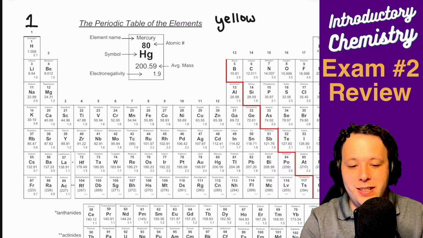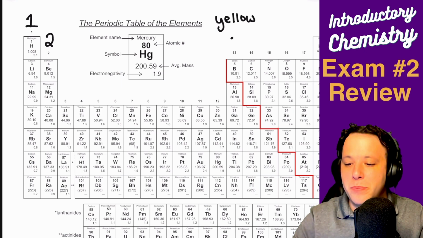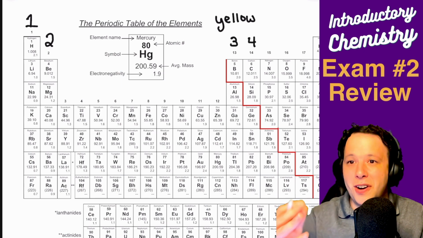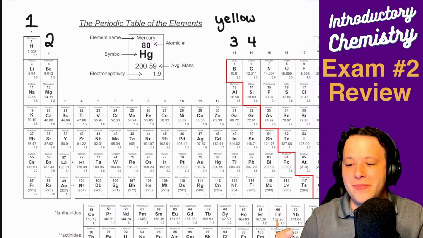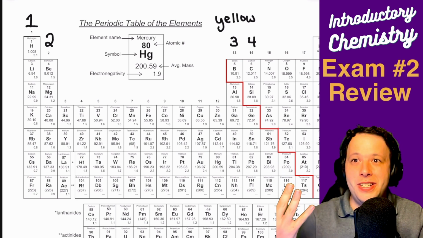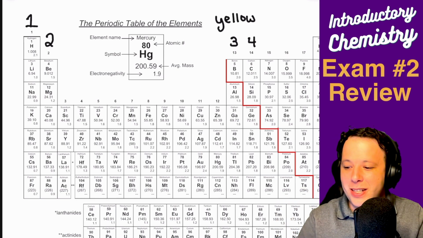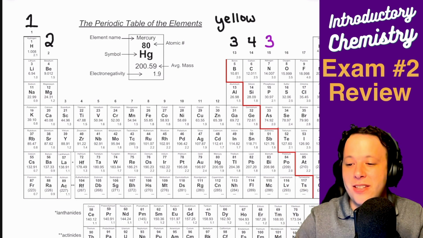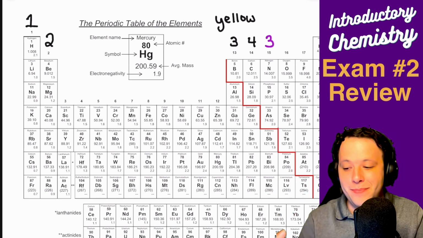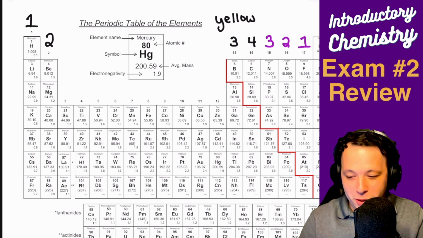The second column only has 2 electrons, so it can only share 2. Boron only has 3 valence electrons, so it can share 3. Carbon has 4, so it can share 4. Now, being that we follow the octet rule, nitrogen has 5, but it is only willing to share 3 because it only needs 3 more bonds to make an octet. So 3 plus 5 is 8. Then with oxygen, you need 2 more, and with fluorine, you need 1 more.